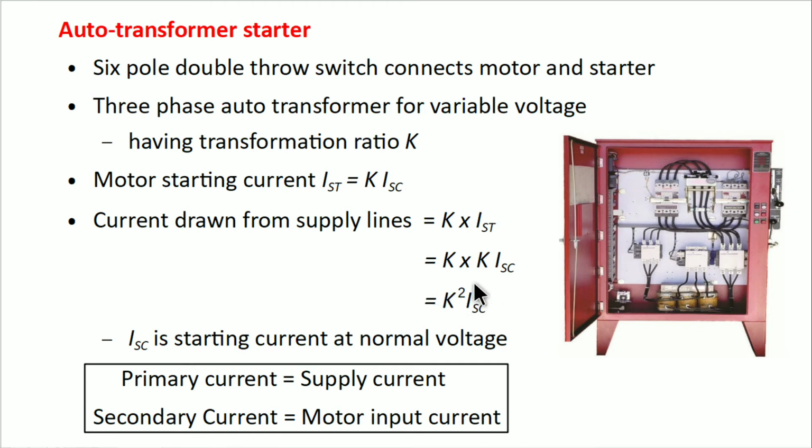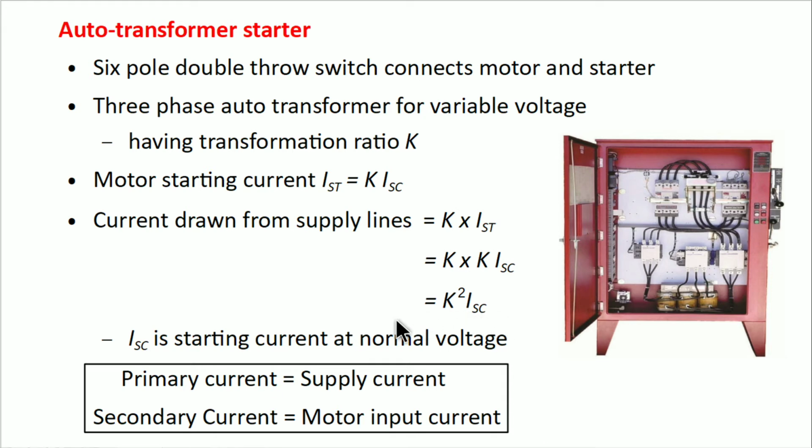If the value of K is, for example, as we have already taken, 0.2, its square is 0.04 times the starting current if we directly switch the motor to the lines. So a very low value.